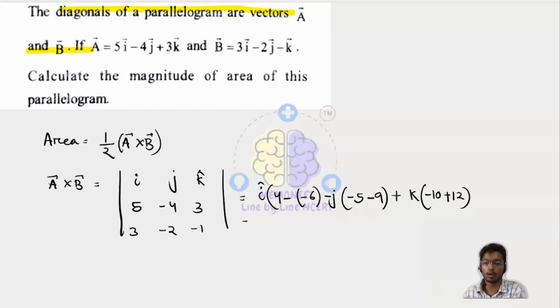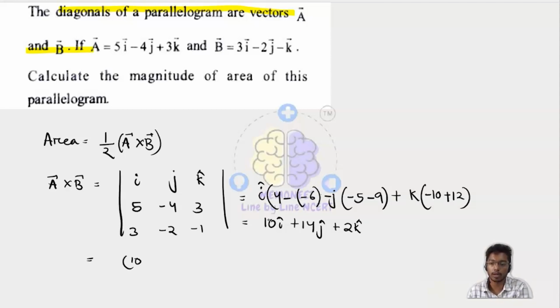So our value comes to be equal to 10 i cap plus 14 j cap plus 2 k cap. What will be the magnitude here?